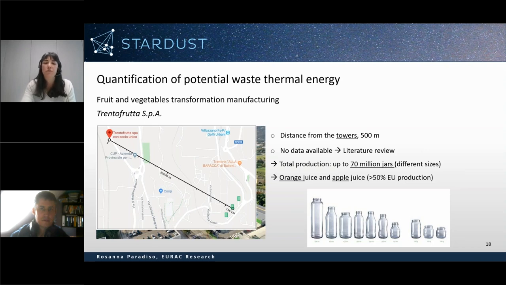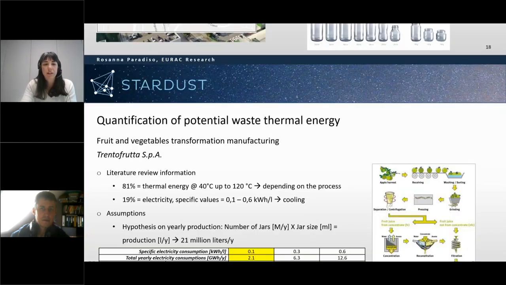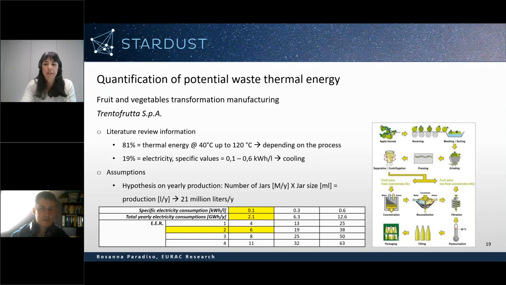So we focus on this type of processes, and we detected that more than 80% of the energy consumption is thermal, and the temperatures are between 40 and 120 Celsius degrees, but this depends on the process.